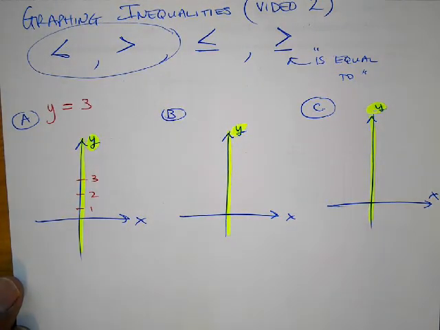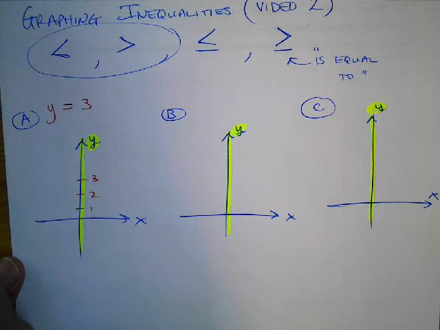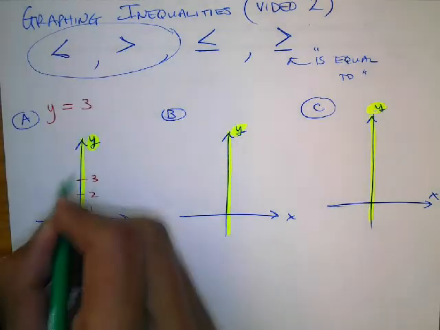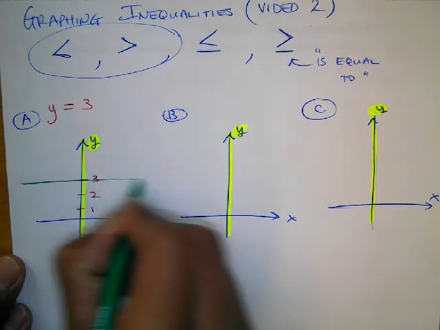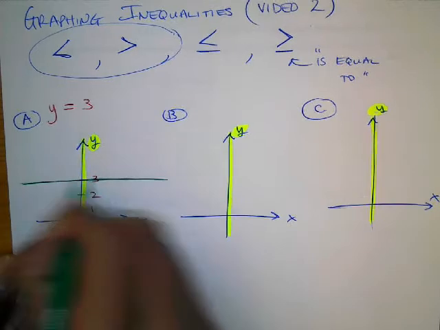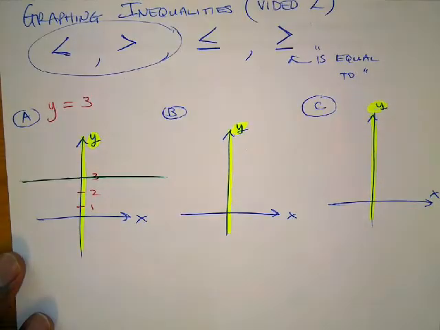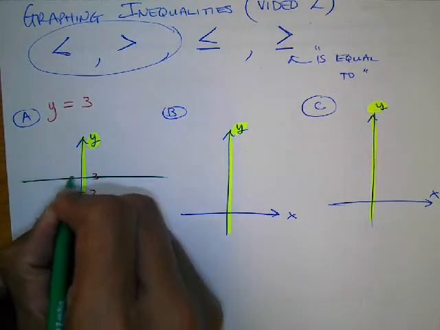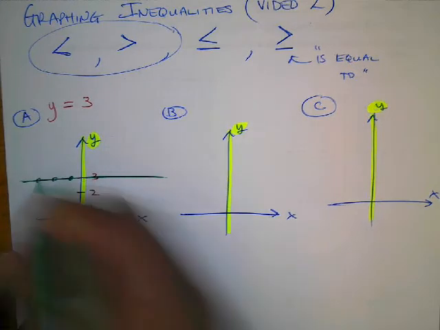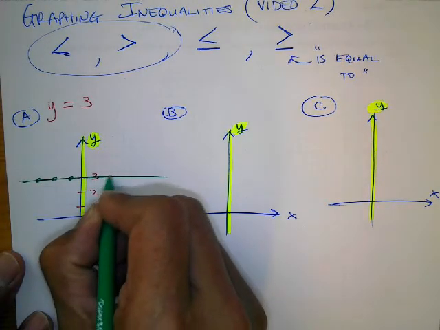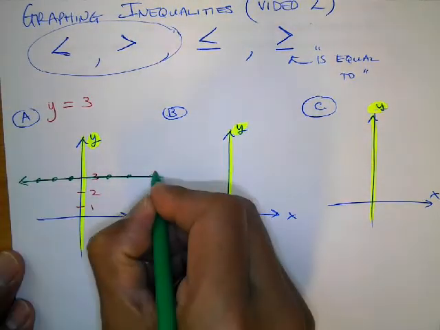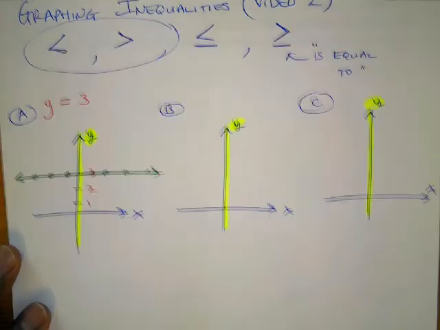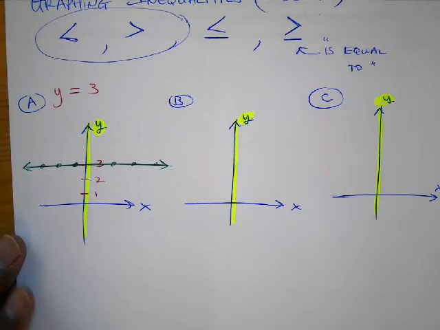This is just a nice solid line, a horizontal line going through the number 3. There are many points on this line, and all these points are solutions. That is the graph of the line y is equal to 3. We've learned those already.